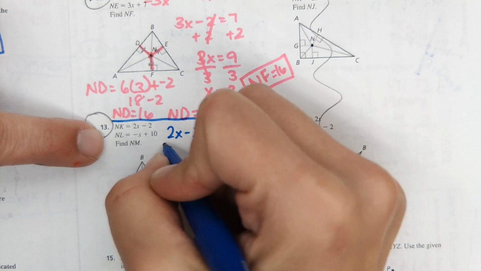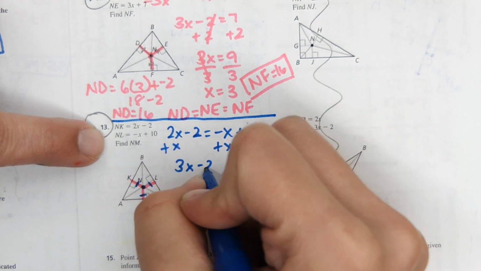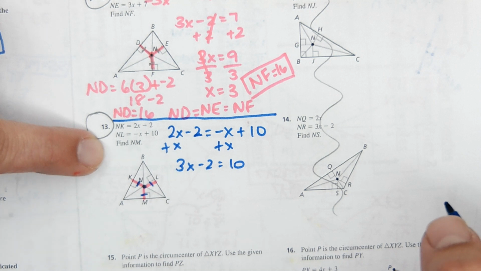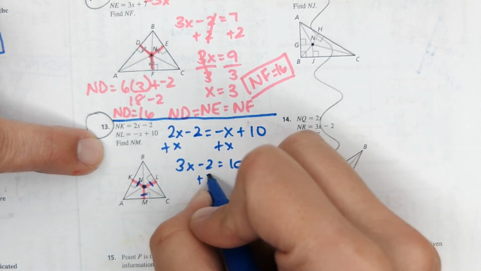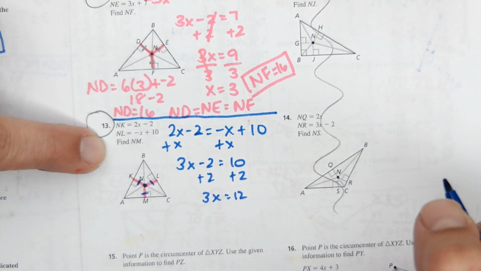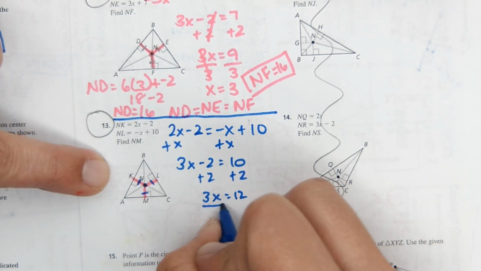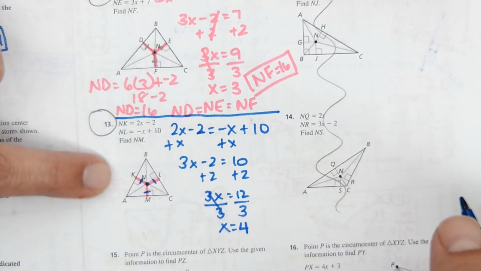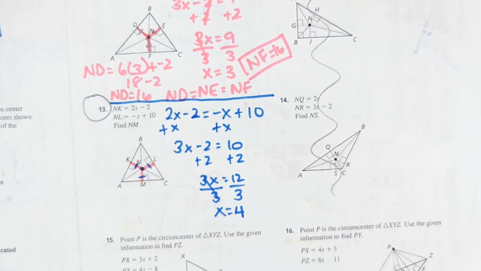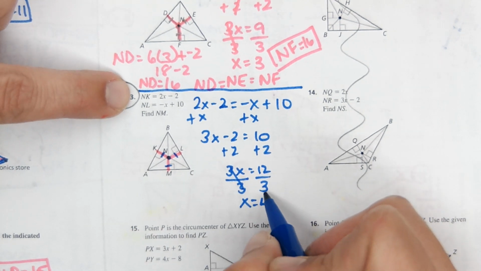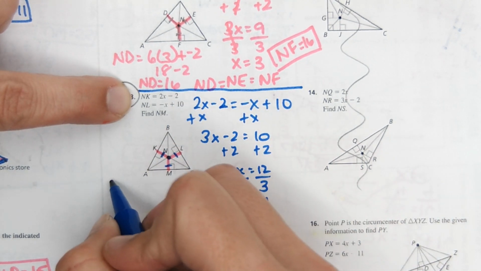Plus x, 3x minus 2 equals 10. Plus 2, 3x equals 12. Divide by 3, x equals 4. Then, once we have x, we can plug it into any one of these expressions.